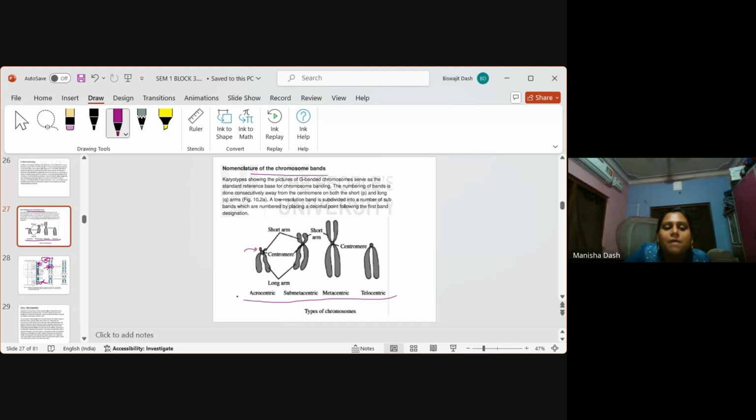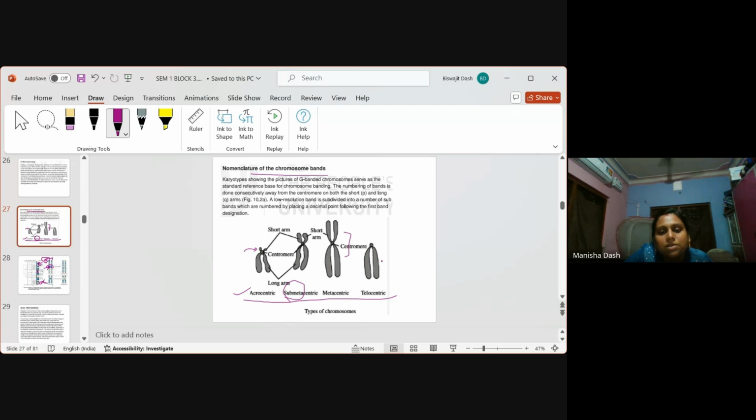So in the case of an acrocentric chromosome, one of the arms is very long and the other one is very short. Then there is a slight increase in the length of the short arm. So this is called a submetacentric chromosome. And in a metacentric chromosome, usually both the arms are of equal or almost equal length.